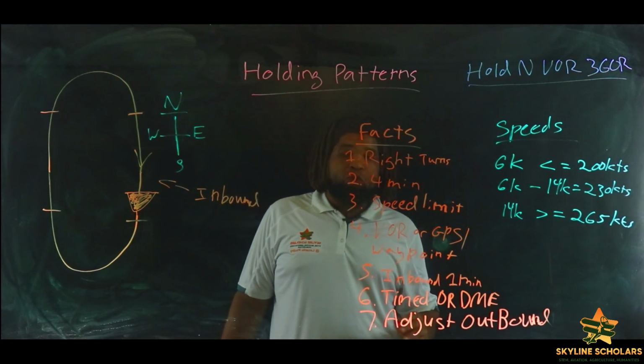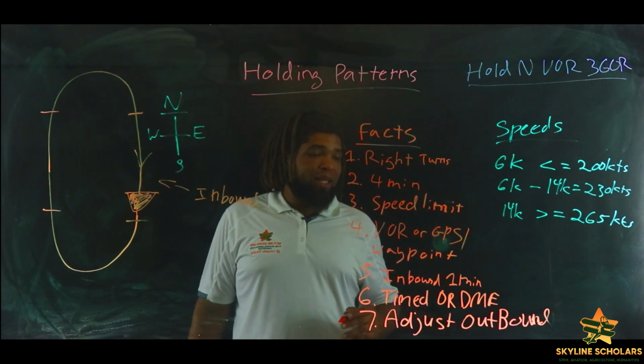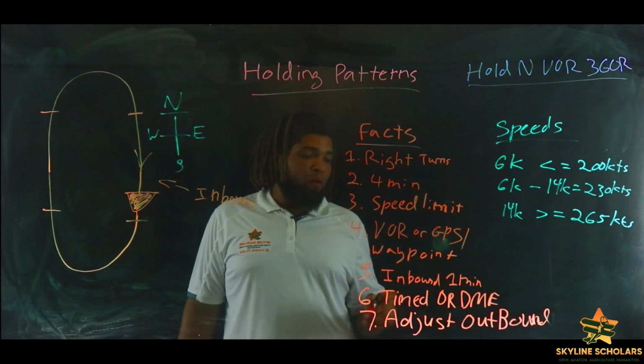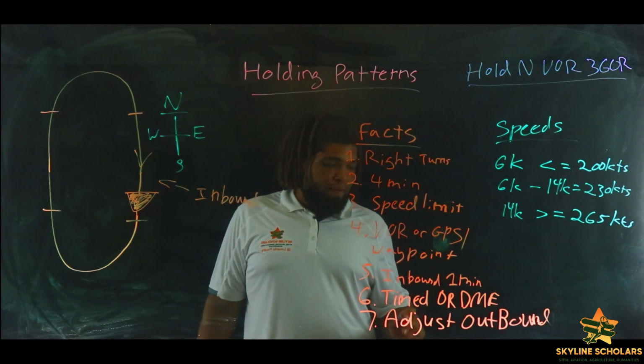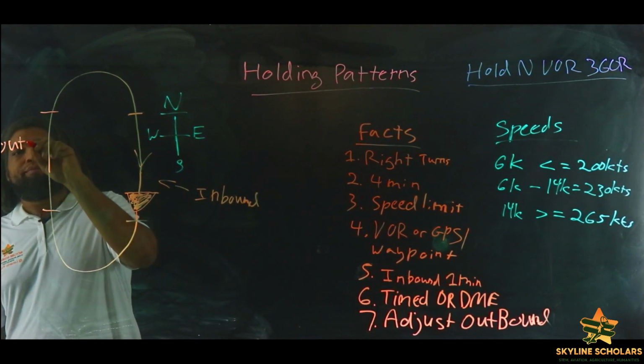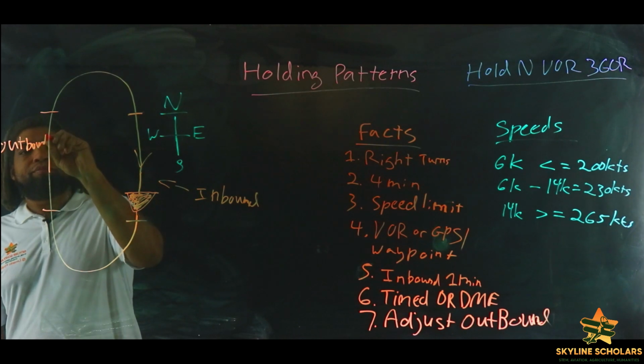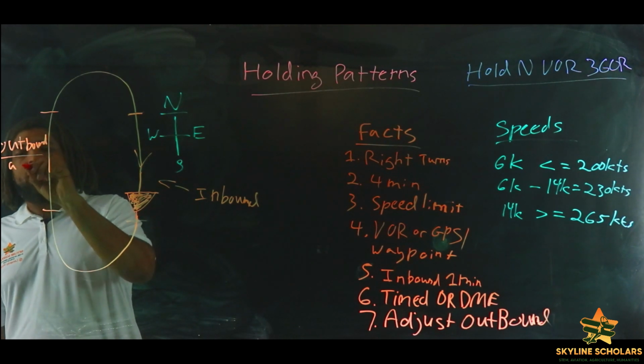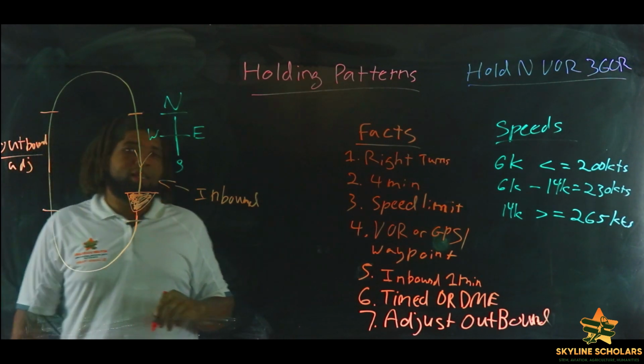Okay, now how do we fly and make our 1 minute leg, our outbound leg 1 minute? How do we do that? We adjust our outbound. Okay, so this is our outbound. And I'm going to put adjust there.